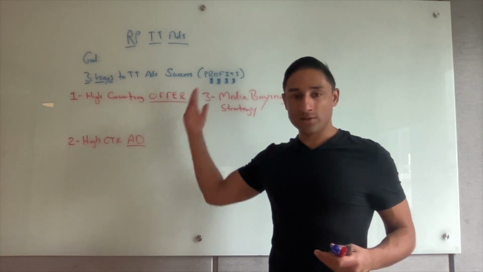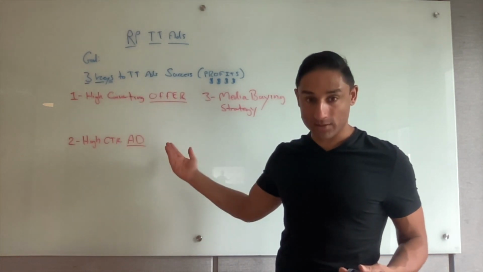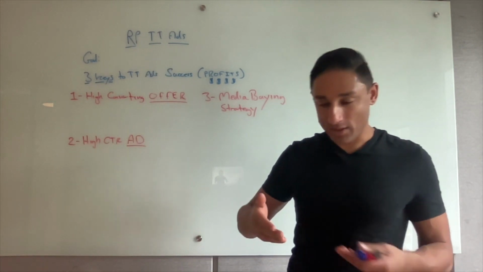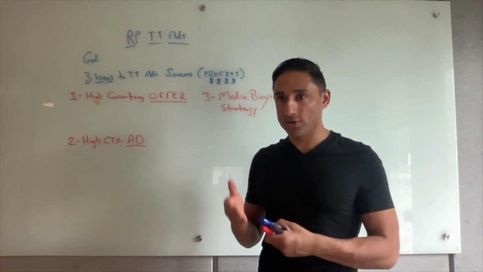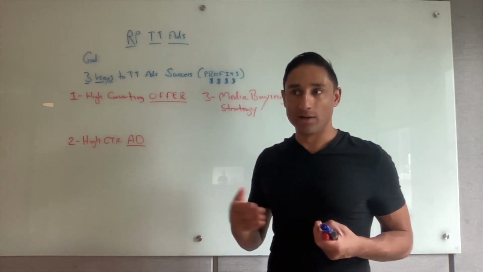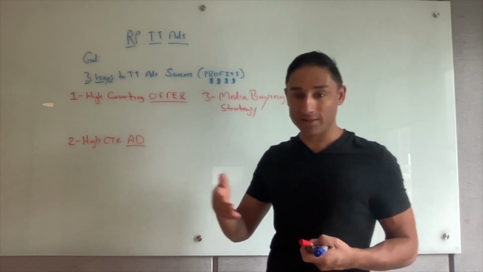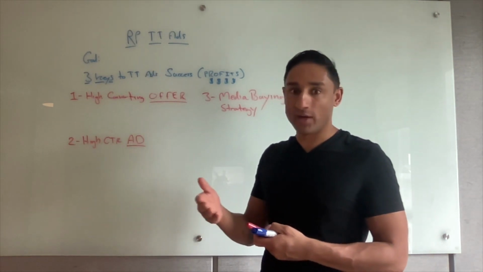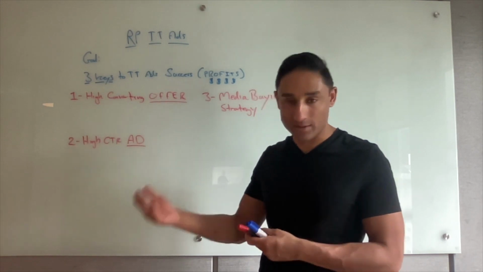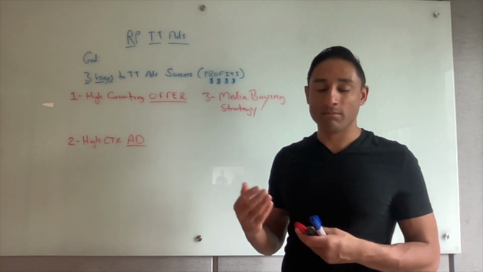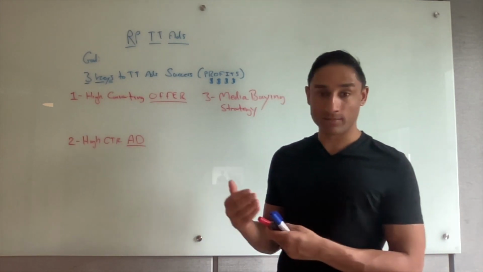The bottom line is it needs to be high converting, meaning every time you get a certain amount of traffic to the offer, a certain percent of people, ideally the higher the better, convert into a sale or a lead, whatever that metric is that you're measuring, right?